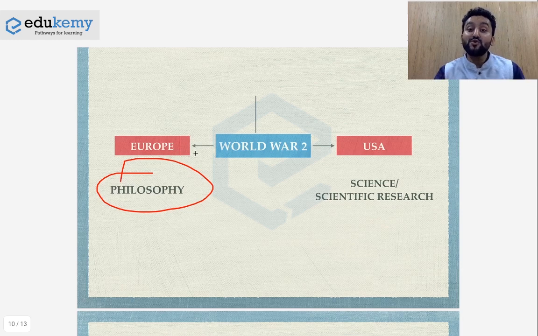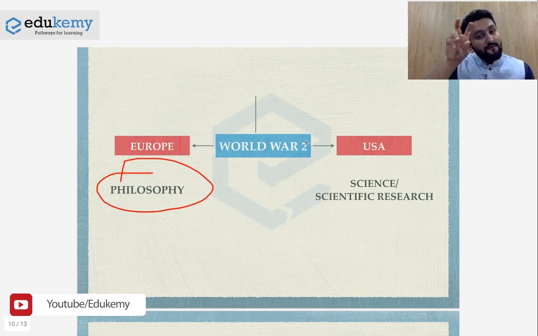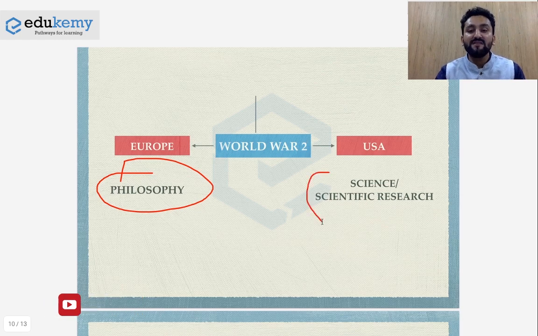But when we talk about the time after World War II, we find major development in the USA. The American Political Science Association focused on science and scientific research to develop this discipline. According to scholars of the USA, political science should not be based on what is good and bad.